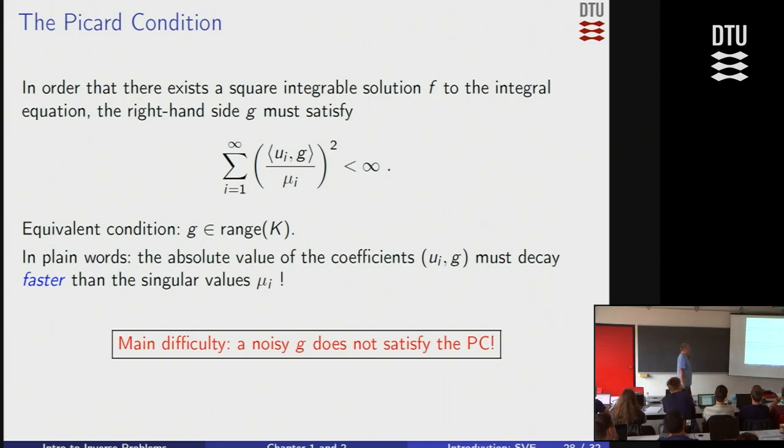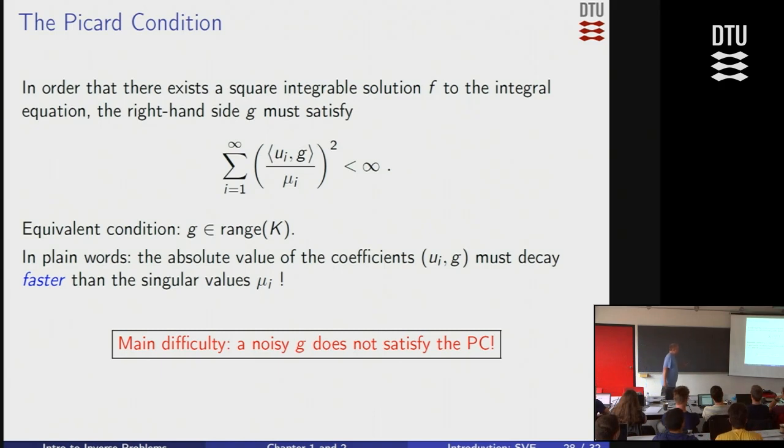Remember those coefficients of the right-hand side, in the numerator there: for this sum to be finite, the squared numbers must decay fast enough to zero. Otherwise the sum is not finite.